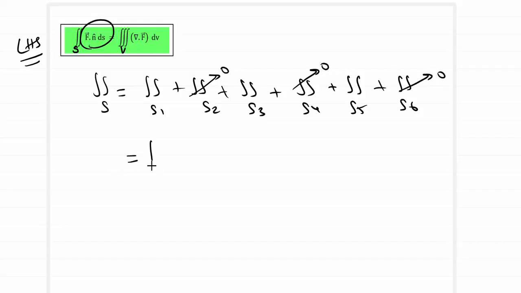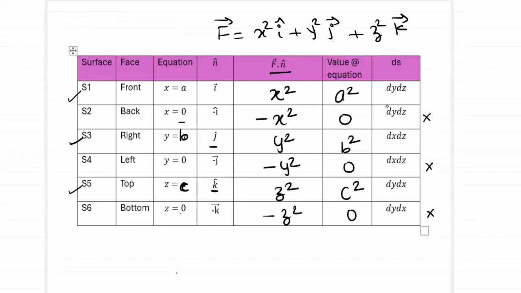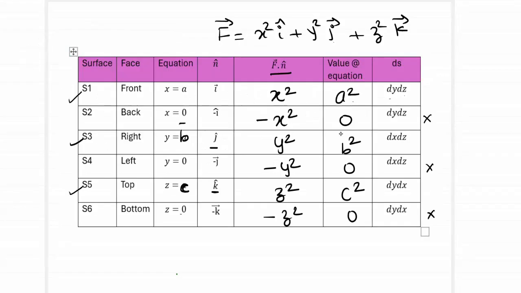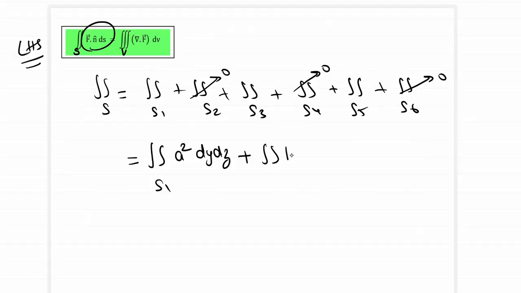What is my S1? S1 is nothing but a square dy dz, plus what is going to be my S3? S3 is nothing but b square dx dz. So this is my S3.